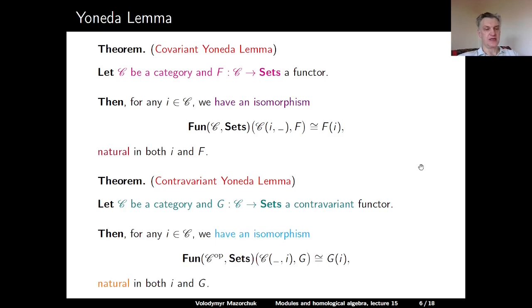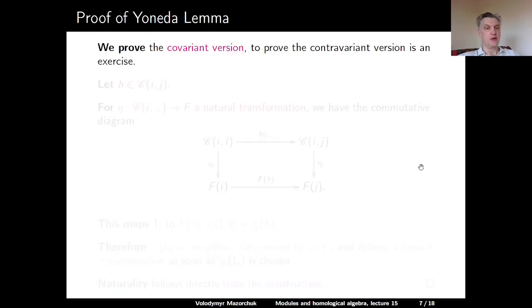Then, for any object I in C, we have an isomorphism which is natural both in this I and in the functor G. This isomorphism takes place in the category of all contravariant functors from C to sets, and it says that natural transformations from the representable functor C(-, I) to the functor G is isomorphic to G(I). So we will prove the covariant version of the lemma, and the contravariant version is an exercise.